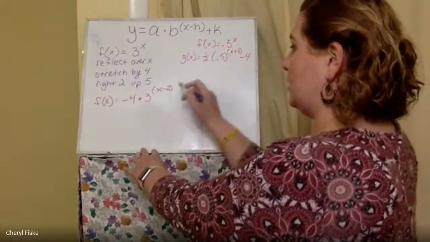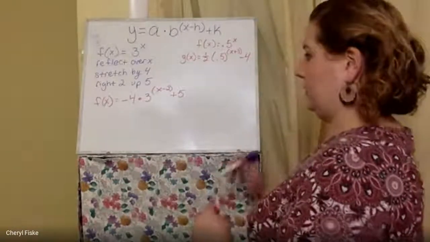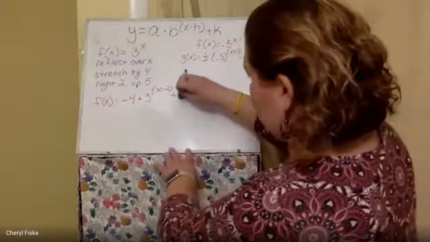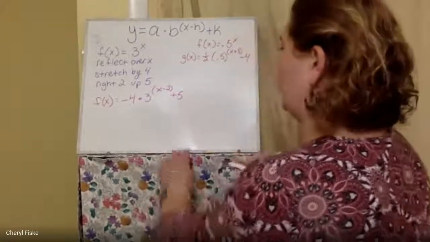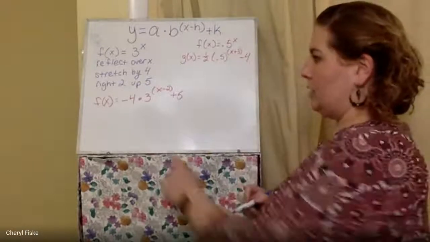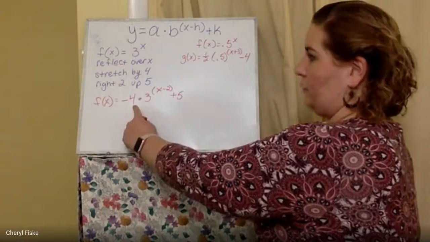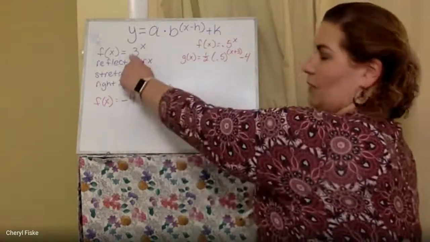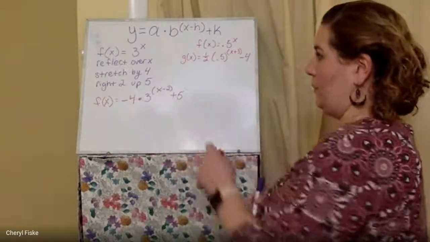So it goes right 2 and then up 5. So there's my plus 5. Okay, so there. A reflection over the x, a stretch by a factor of 4. There's the 3 because that was my parent function. It goes right 2, up 5.